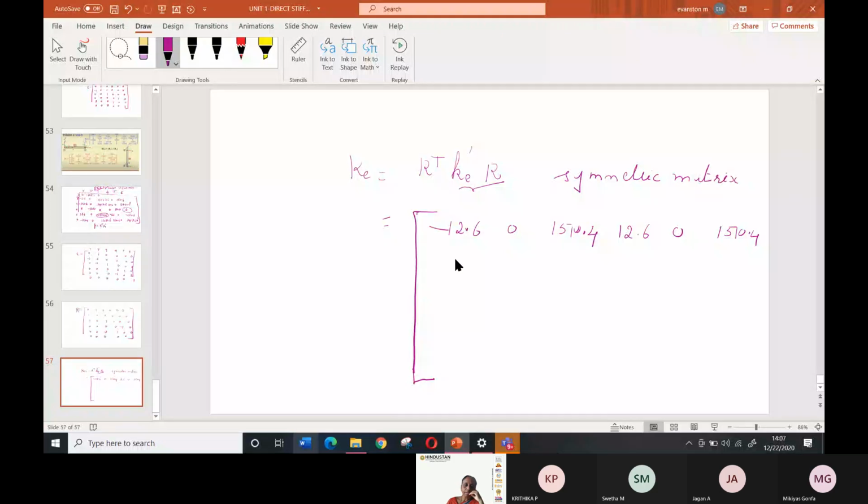Okay, tell me. I'll check. 120.83. Ma'am, first value is 0, ma'am. First one is 0. Yeah, this should be 0 because diagonally also it should be 0.